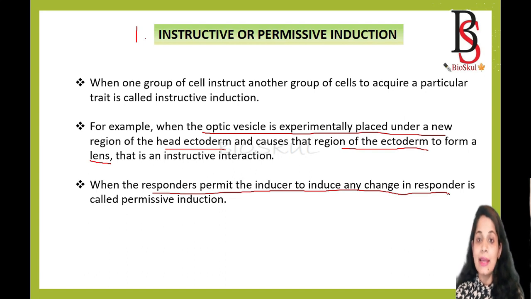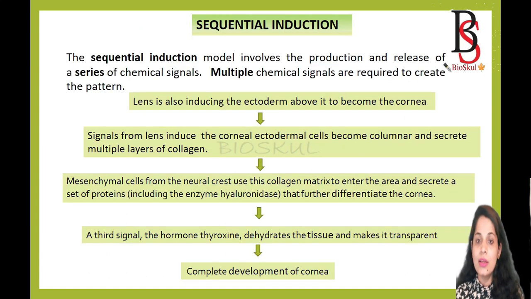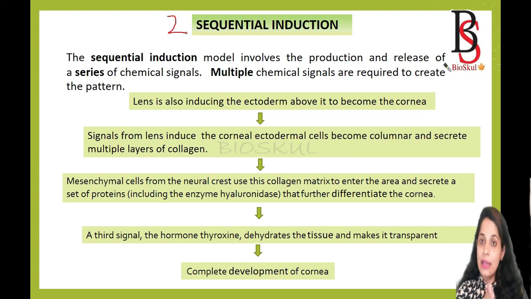Then the second type of induction is the sequential induction. What do you mean by sequence? Sequence means a series, right? So the sequential induction involves the production and release of a series of chemical signals. Okay, and multiple chemical signals are required to form a particular pattern. So let's have an example of sequential induction.